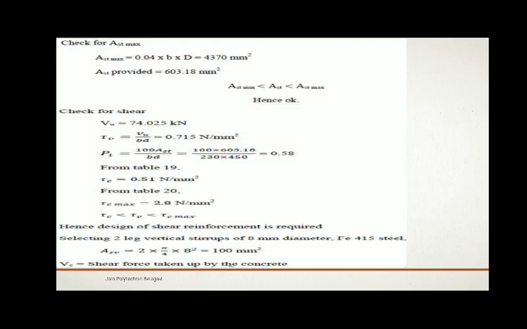Therefore tau c is lesser than tau v, which is lesser than tau c max, hence design of shear reinforcement is required. Now selecting two-legged vertical stirrups of 8 mm diameter where fy is equal to 415. Therefore Asv is equal to 2 × π/4 × 8². We get 100 mm², that is area of steel for vertical legged stirrups.